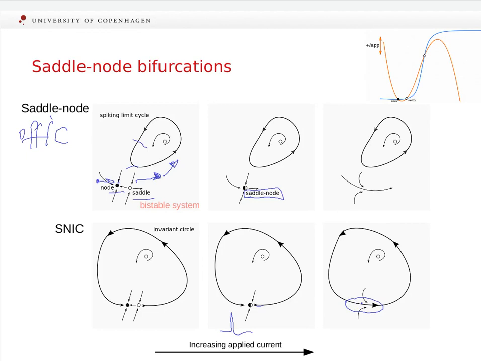So this kind of slow valley is manifested in very low frequency spiking. So the interspike intervals are very long here.